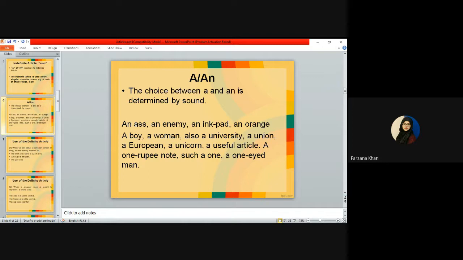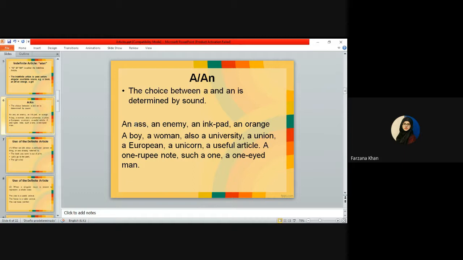So what are vowel sounds? According to linguists, when you pronounce a sound from your mouth and the voice comes out without any obstruction, then this is a vowel sound, like a, e, o.